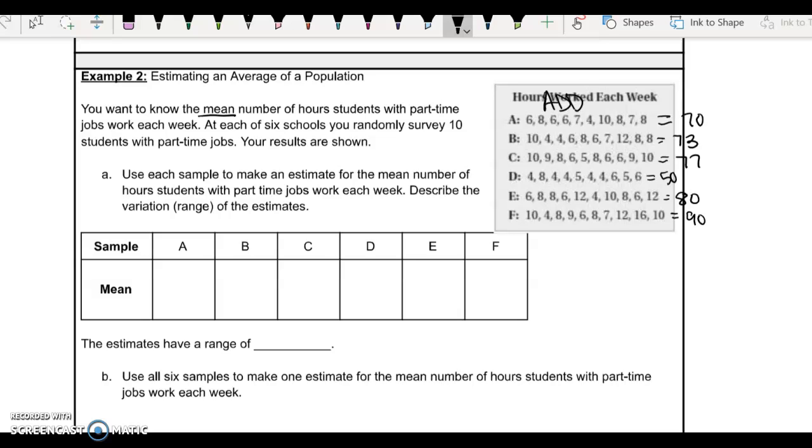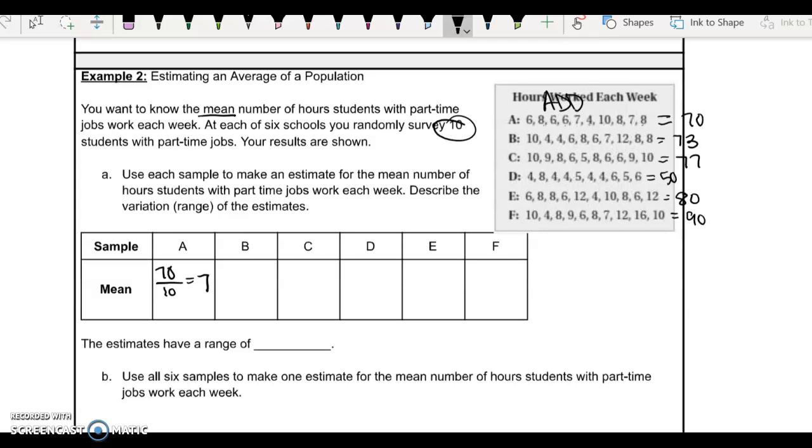So now to find the mean, we are going to take all of those numbers that were added up. So for school A, we added them up and we got 70. And we divide by the number of numbers. So we have 1, 2, 3, 4, 5, 6, 7, 8, 9, 10 numbers, which they told us there would be. There were 10 students surveyed. So 70 divided by 10 gives us 7.